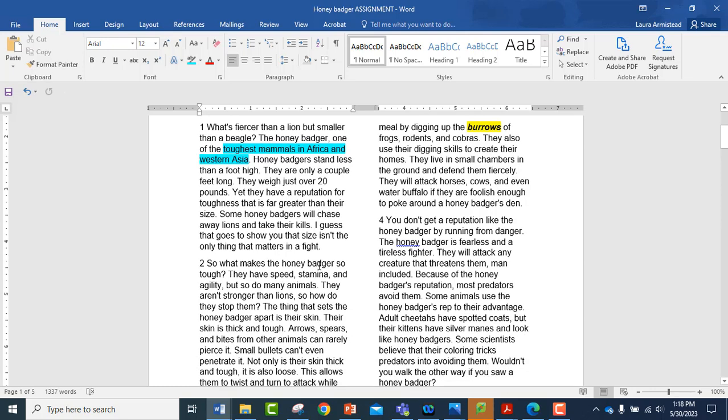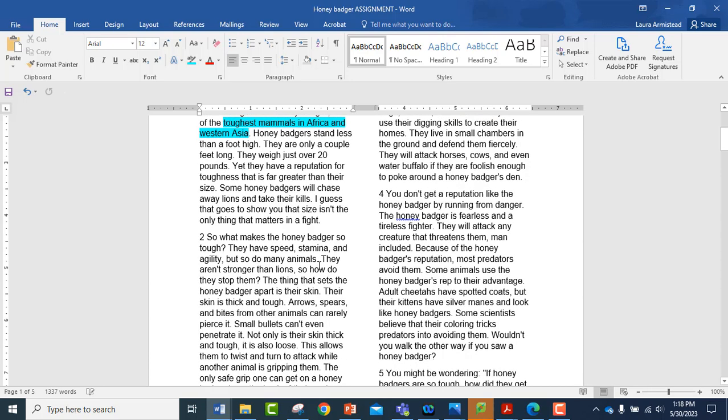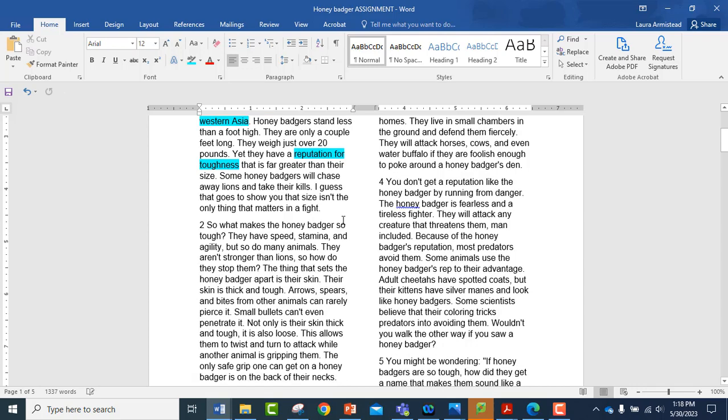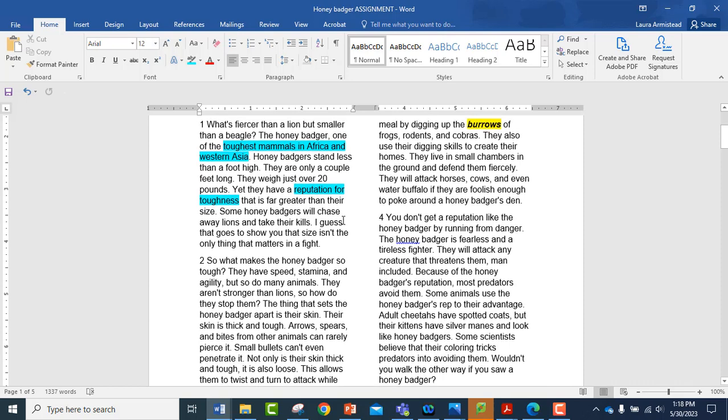They weigh just over 20 pounds, yet they have a reputation for toughness that is greater than their size. Some honey badgers will chase away lions and take their kills. I guess that goes to show you that size isn't the only thing that matters in a fight. Ooh, that's one fierce animal.